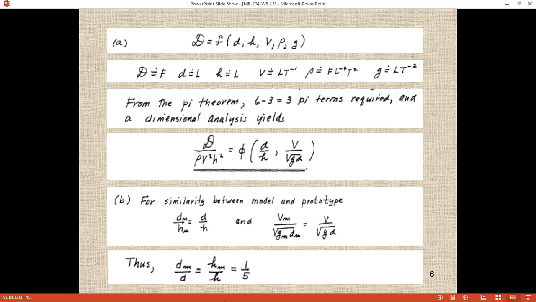The ratio is given as 1:5. If the model size is 1, then the prototype size would be 5 times greater than the model. So this ratio was given.